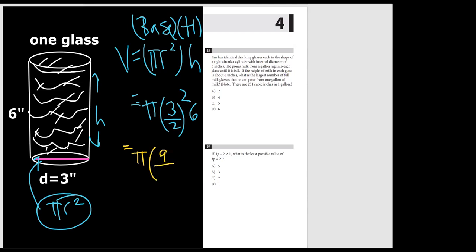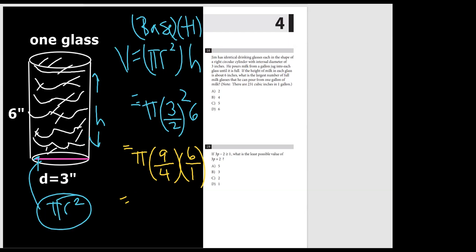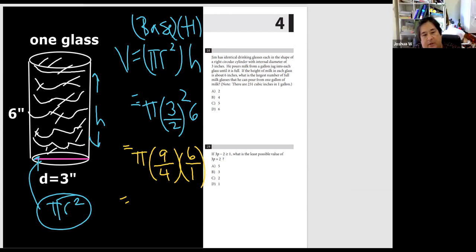And the denominator? 4. I'll put this as 6/1 for you. What do you do next, Ivan? You multiply everything and get 54/4 times pi. Excellent. 54/4 is 27/2 pi.